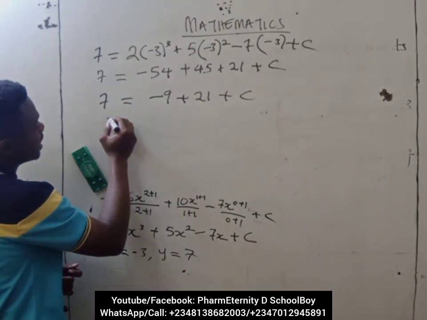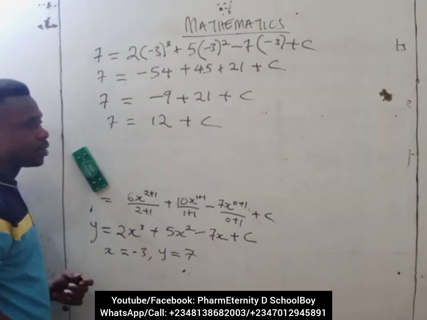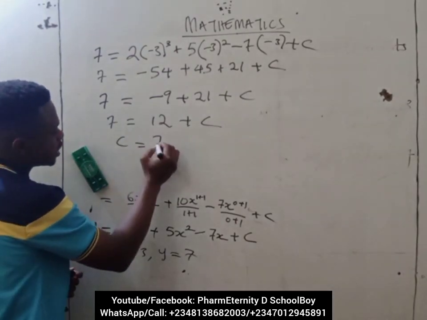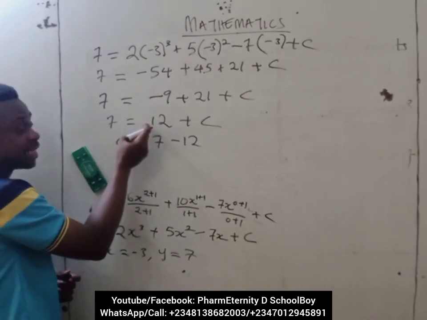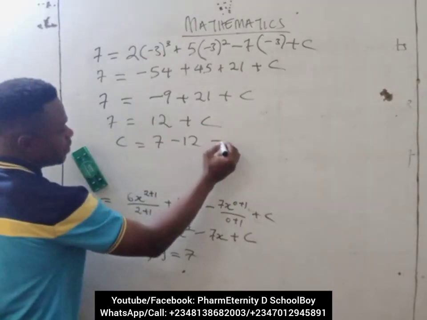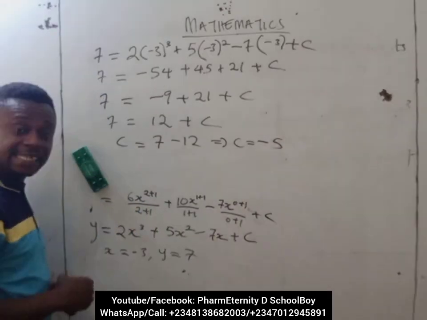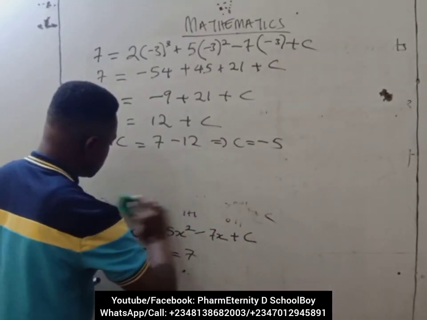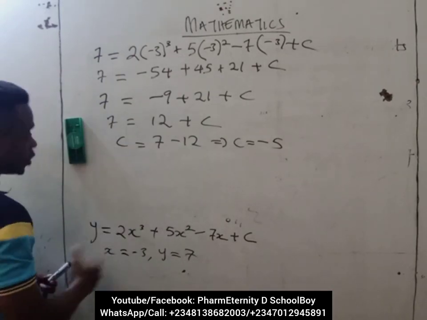So we have that 7 is now equal to 12 plus C. That means C is now equal to what? 7 minus 12, because 12 will come over to this side and change the sign to minus. This implies that C is now equal to what? Minus 5. So if C is minus 5, we will now substitute minus 5 for C in this equation.